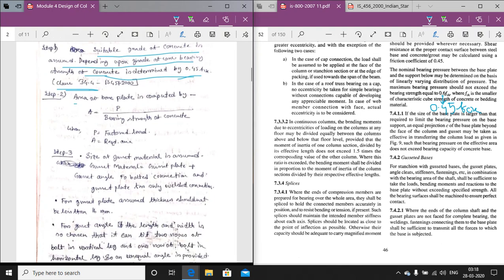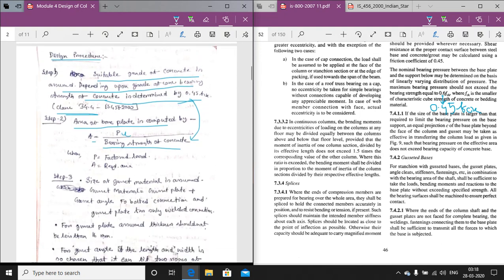Then the area of the base plate is determined by A equals P divided by the bearing strength of the concrete. We have calculated the bearing strength of the concrete, and the load applied is Pu. From these the area will be calculated. Now coming to step number 3, which is the first important step. Now, gusset material is one thing.